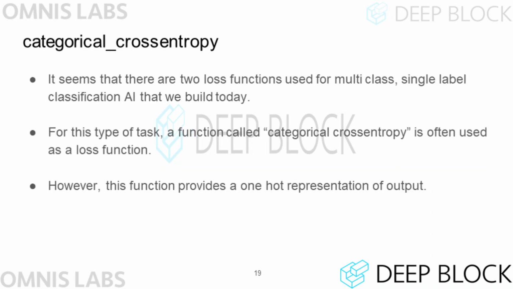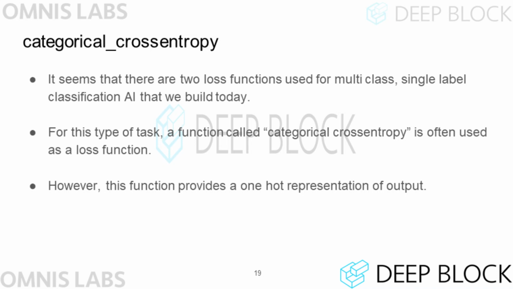There are two loss functions used to implement the multi-class single-label classification neural network we will create today. The two are the categorical cross-entropy function and the sparse categorical cross-entropy function.